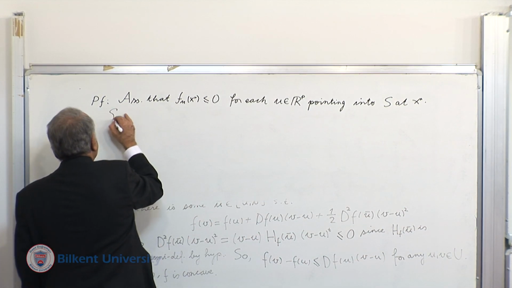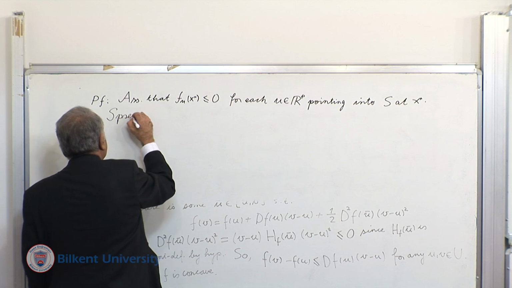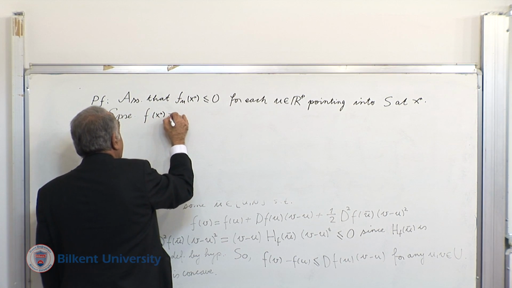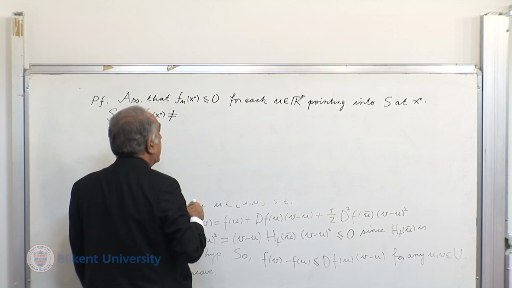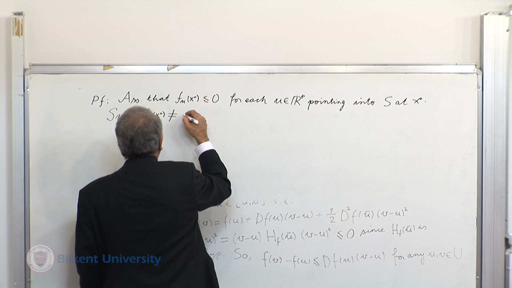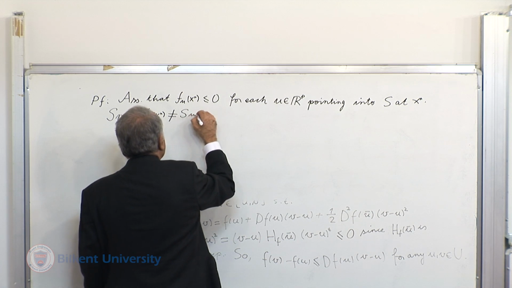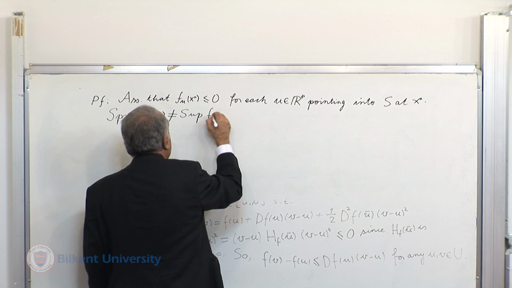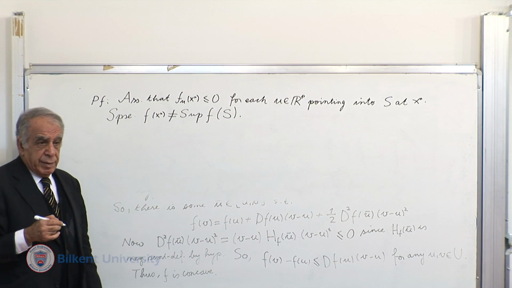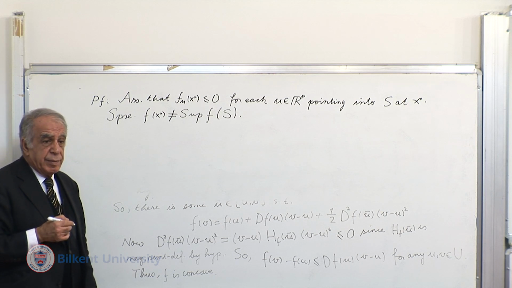Now suppose f of x star is not the supremum of f over S. Well, this means what?